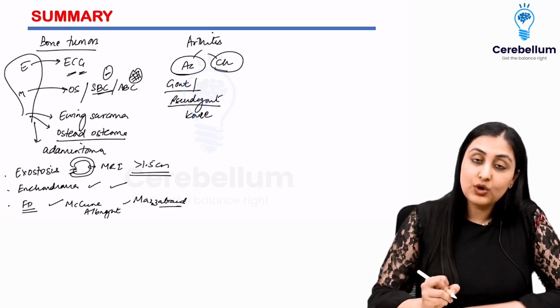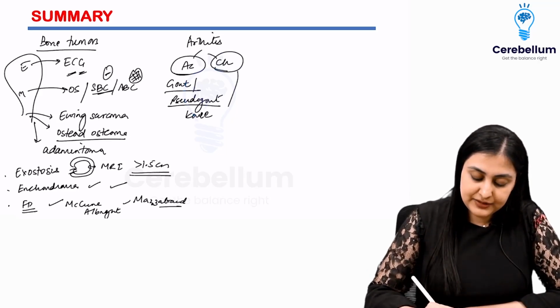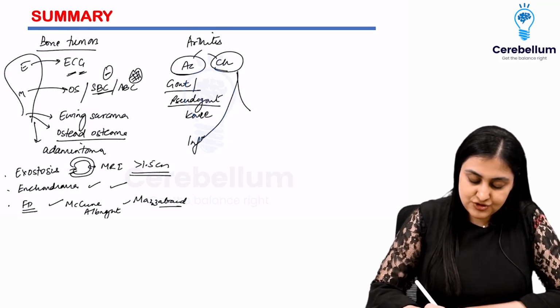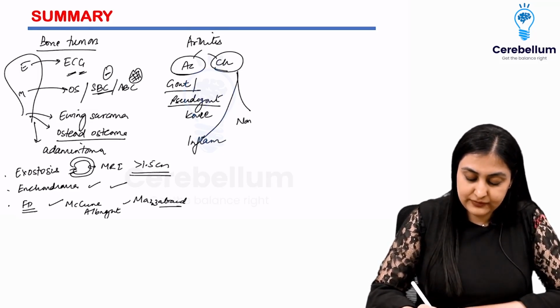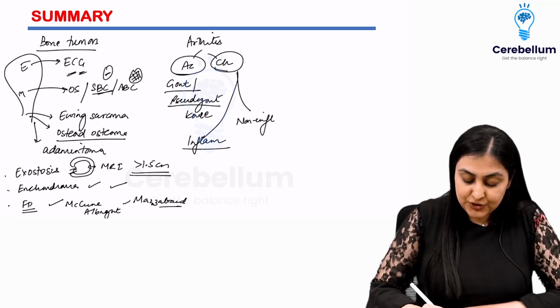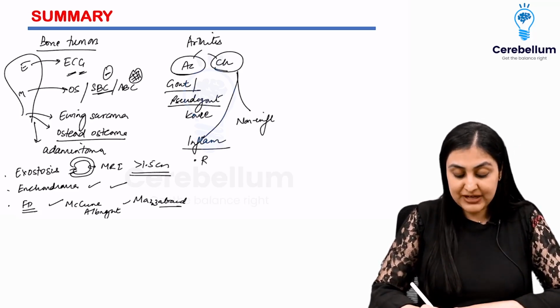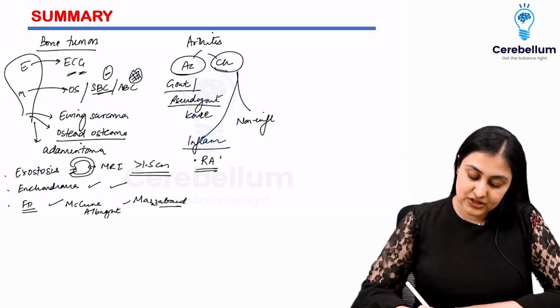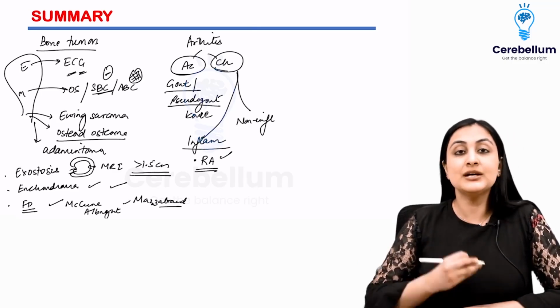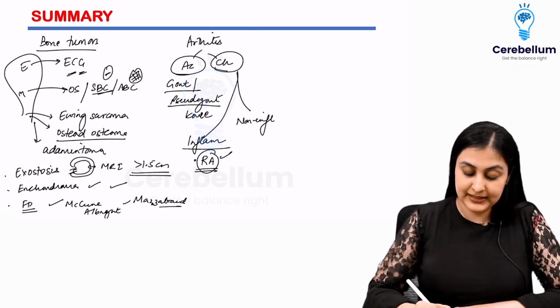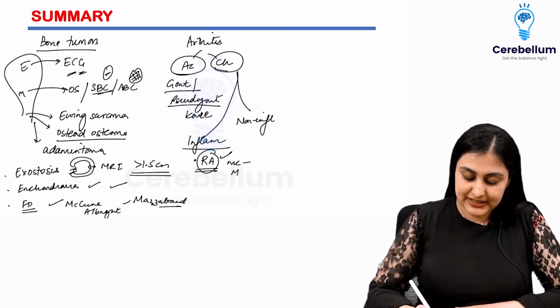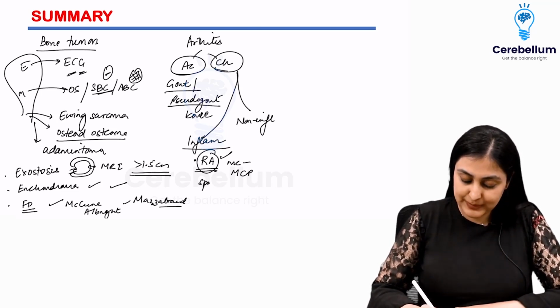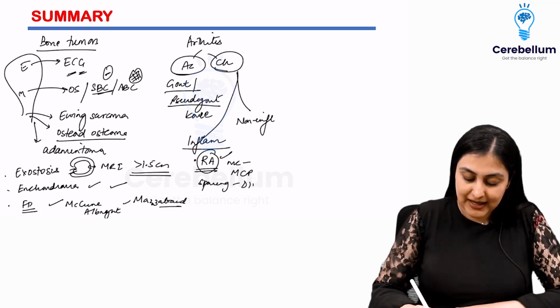Okay. In chronic arthritis, we divided it further into inflammatory versus non-inflammatory. In inflammatory arthropathy, prototype symmetrical joint space reduction with marginal erosions and with osteopenia is RA. Most common joint is metacarpophalangeal, and what is spared here is the DIP.